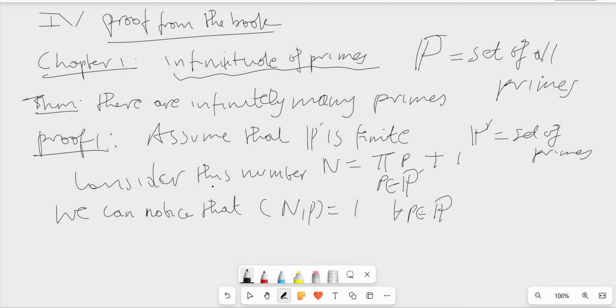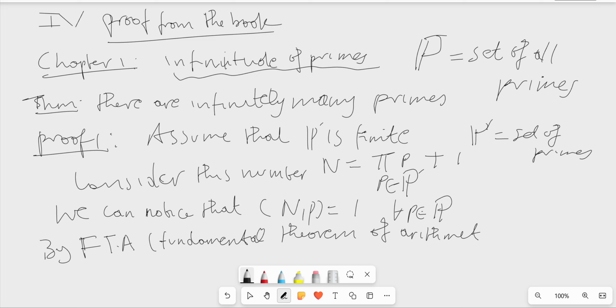From here, the trick is we use the fundamental theorem of arithmetic, which we might prove depending on your comments. The general idea is induction, but it has 2 parts: uniqueness and existence. By the fundamental theorem of arithmetic, n is a product of primes.